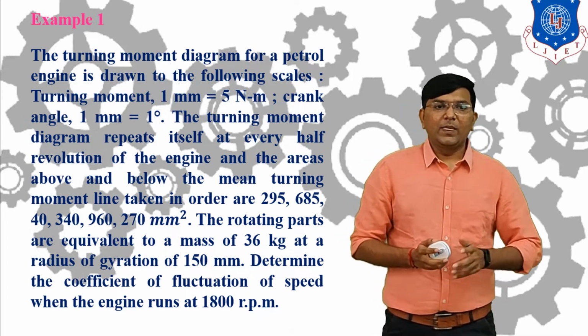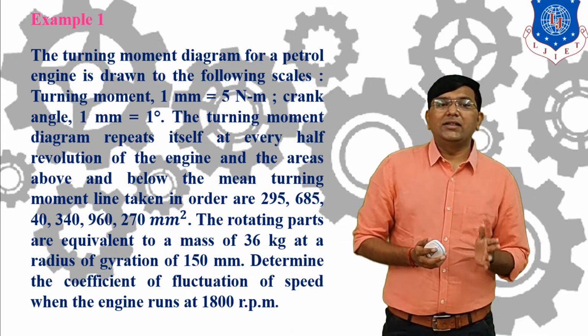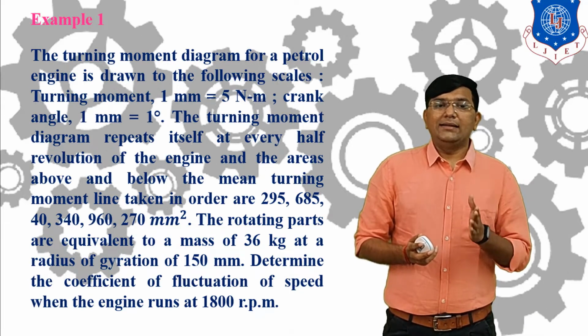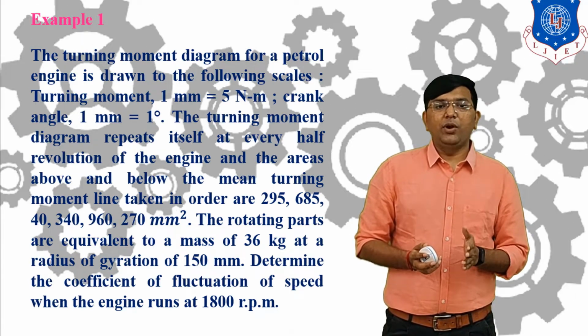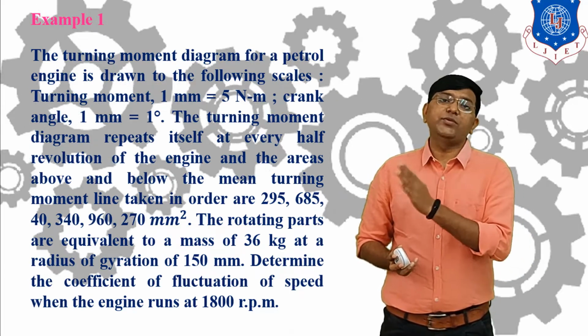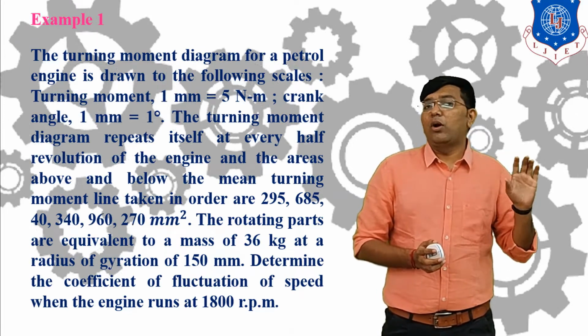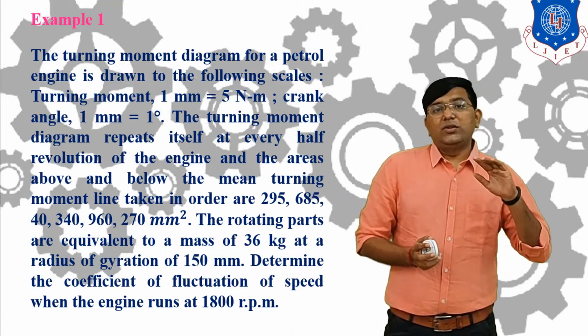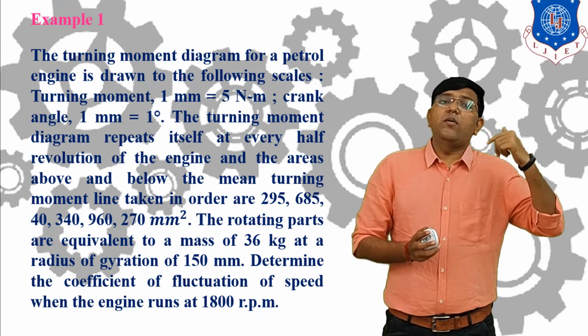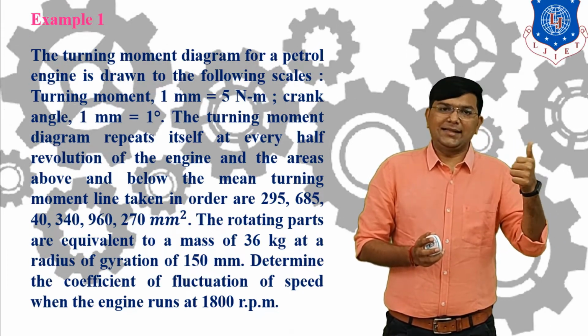The areas are 295, 685, 40, 340, 960, 270 mm square. All the areas we have to cover in mm square, and then we have to convert them into Newton meter based on the scale.